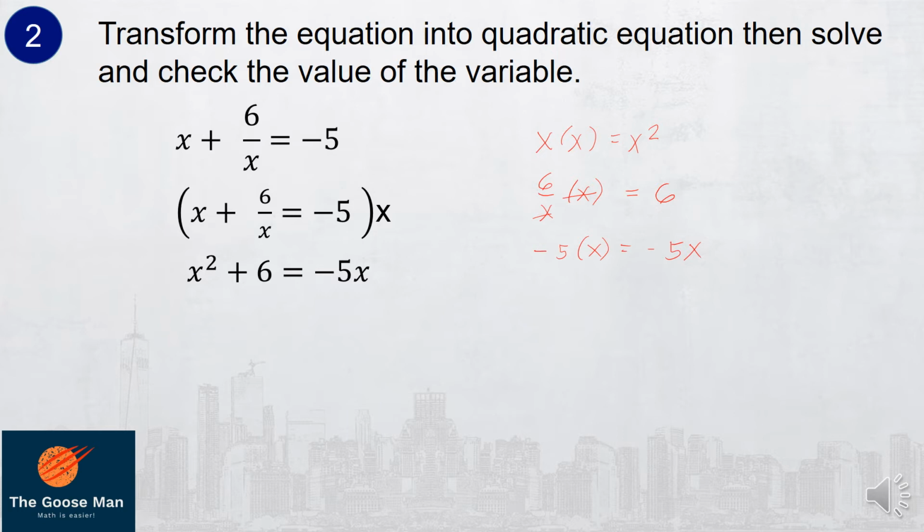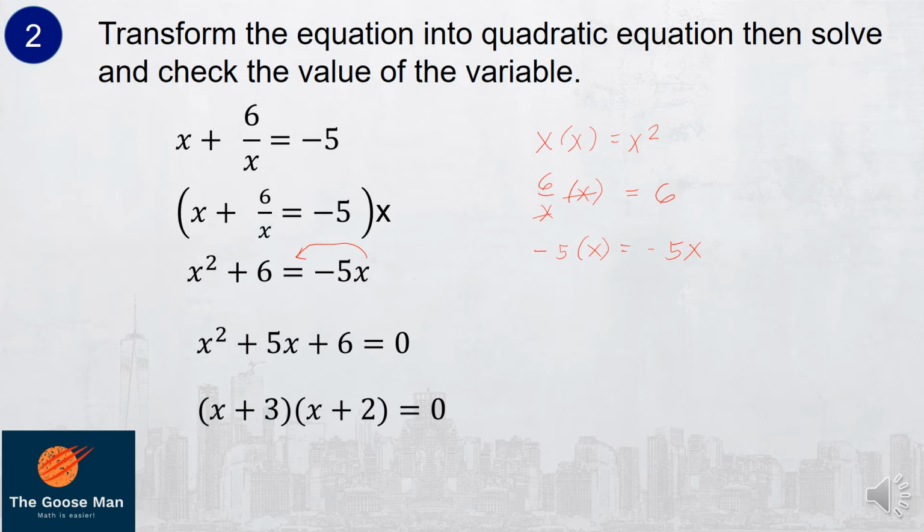Then I'll move -5x to the other side of the equation to make this one a standard form. So I have here x squared. Take note that -5x will become positive 5x, plus 6x is equal to 0. Then I'll factor x squared plus 5x plus 6. Take note that if I factor x squared, this will become x and x here.